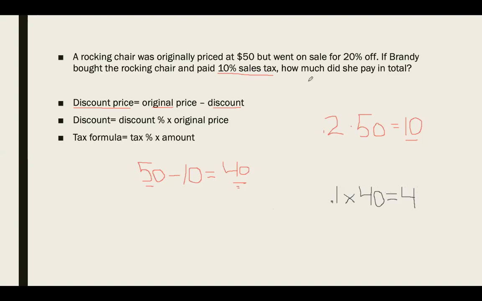So to find out how much she paid in total, you just add the discount price. So the price that she received the item for after the 20% off discount, you do $40 plus the $4 for the sales tax. So you do 40 plus the 4.